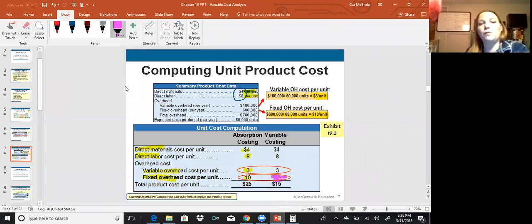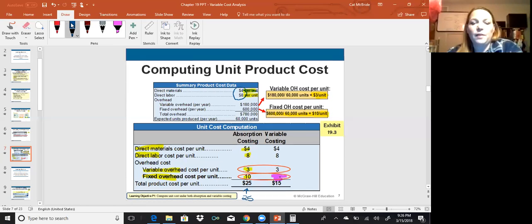If we were using variable costing, our cost per unit would be $15. So under this method, the whole $25 goes to the balance sheet and inventory. Under this method, the $15 goes to the balance sheet and $5 goes to the income statement.